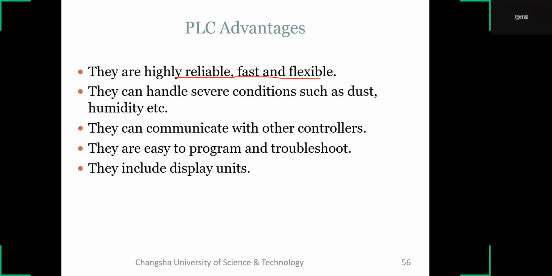They can communicate with other controllers. They are easy to program and troubleshoot. They include display units.